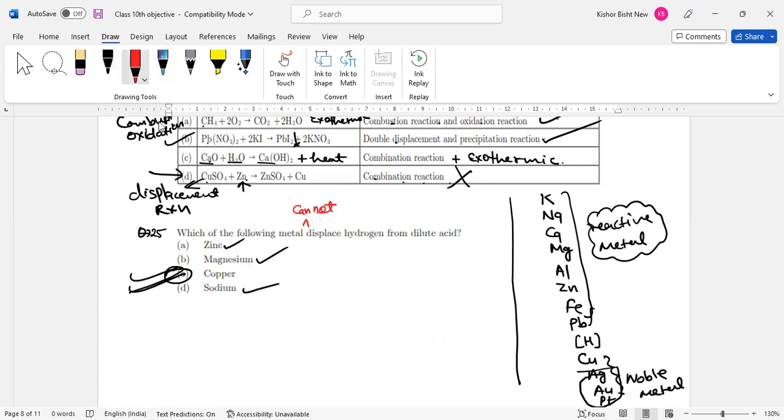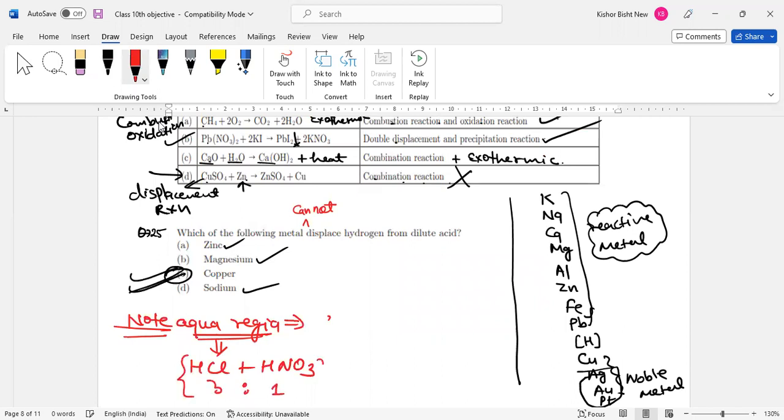Note one point here: a question comes again on aqua regia. What is the use of aqua regia? Aqua regia can dissolve noble metals. It is a mixture of HCl plus HNO3, in the ratio 3:1.